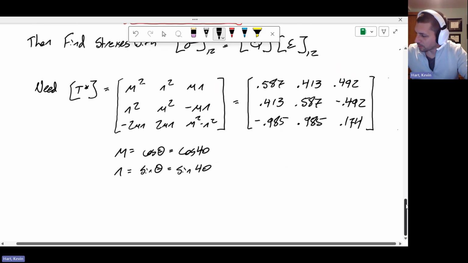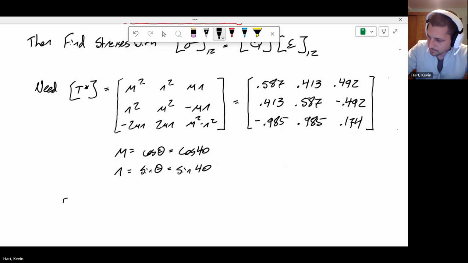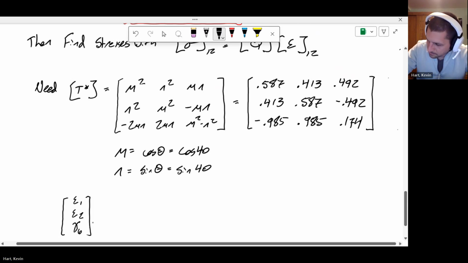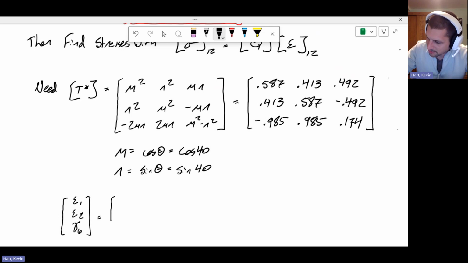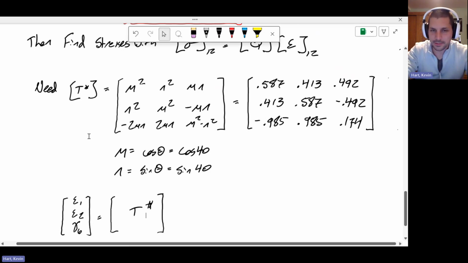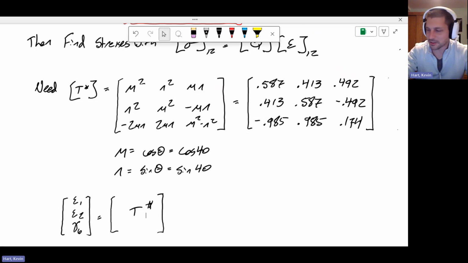So if I want strain in the 1, 2 coordinate system, it'll be epsilon 1, epsilon 2, gamma 6, equal to that T star matrix, which I'm not going to write again, times the strains in XY. Oh, I'm sorry, we want the stresses, my bad.